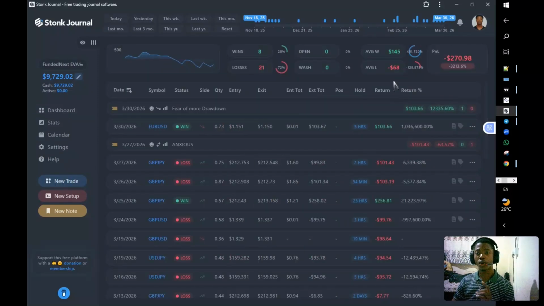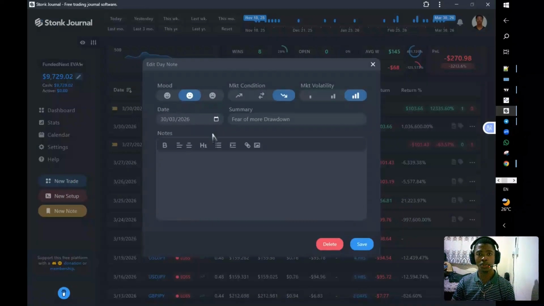Usually I want to take 1 trade per day, but in my community I may put about 2 to 3 signals in 1 day, because I'm analyzing all the markets where we can see an opportunity. So you can see that for today I can write my emotions and the conditions for the market.